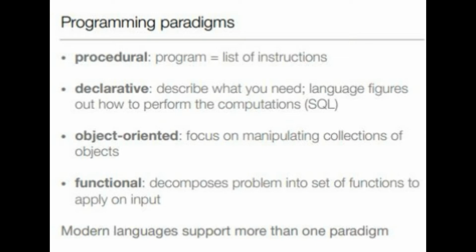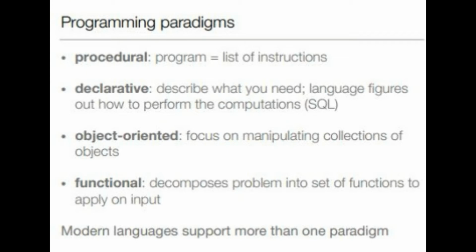In declarative, you can have languages that figure out how to perform computation within the statements that you write. So this is like SQL, where you tell the computer which segment of the data set you want to select. You can have object oriented, which is manipulating a collection of objects, for example in Java, in order to carry out some functionality.